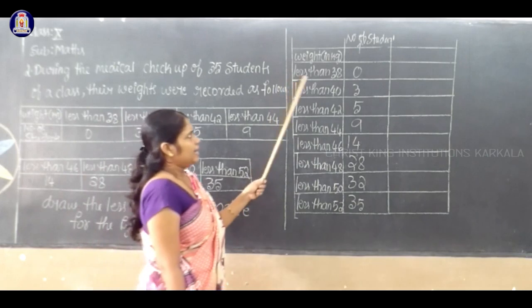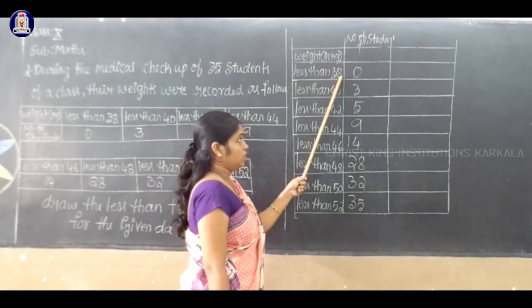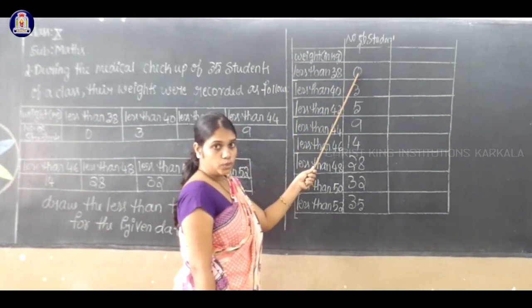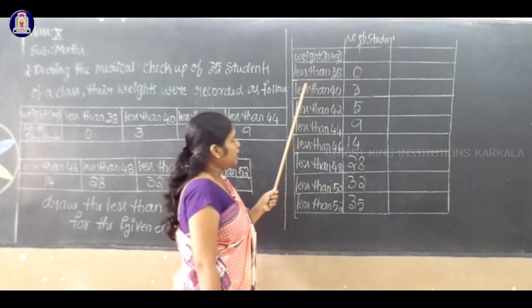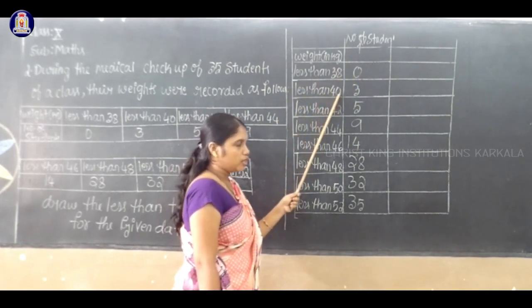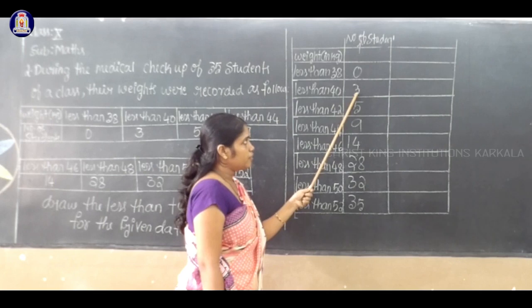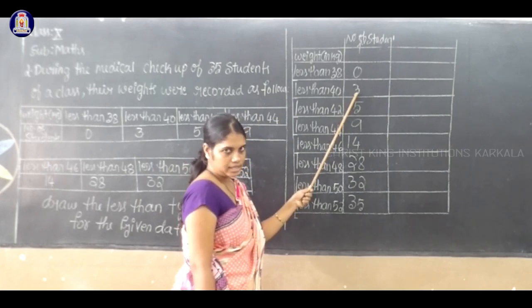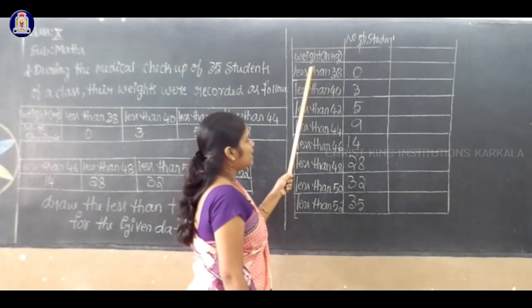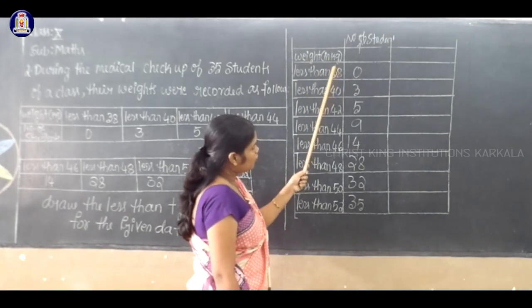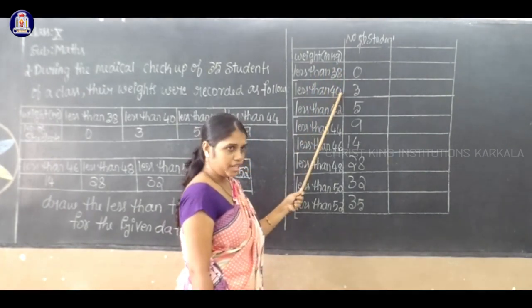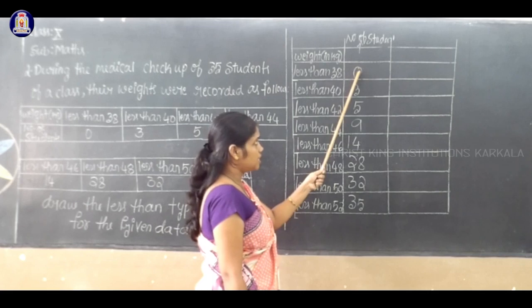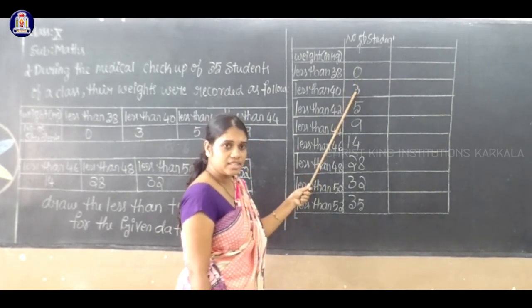See, less than 38 kg, what is the number of students? 0. Again, less than 40, what is the number of students? 3, isn't it? That means less than 38 will also come under less than 40, so this 0 will come under this 3.